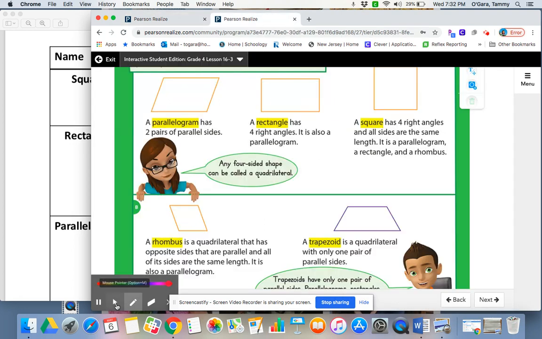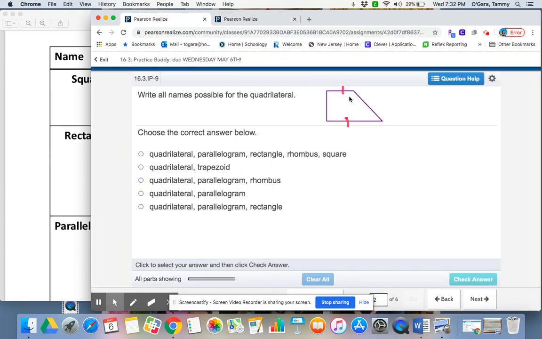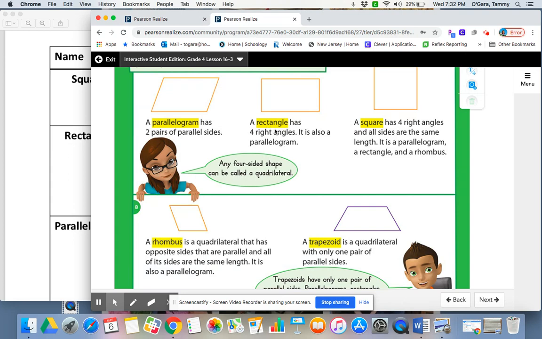So looking at the choices that your book is giving, it could be a parallelogram. Let's look. A parallelogram has two pairs of parallel sides. Well, looking back, we only found one pair of parallel sides, so it's not a parallelogram. A rectangle has four right angles. It does not have right angles, so we're going to say no to the rectangle. A square has four right angles, and all the sides are the same length. It does not have that.